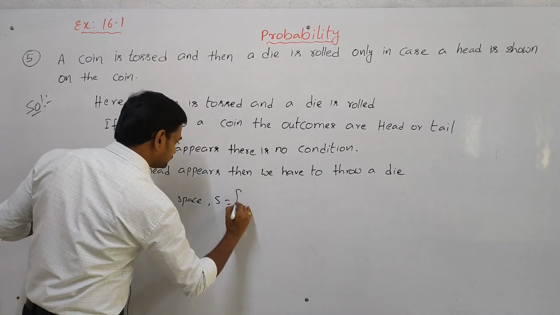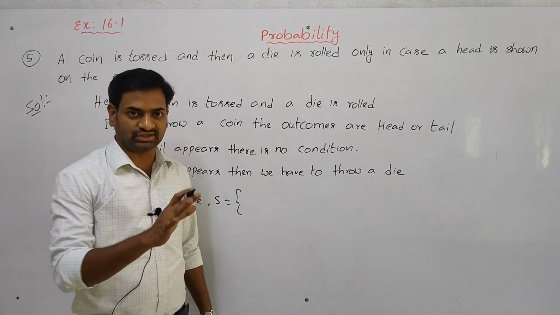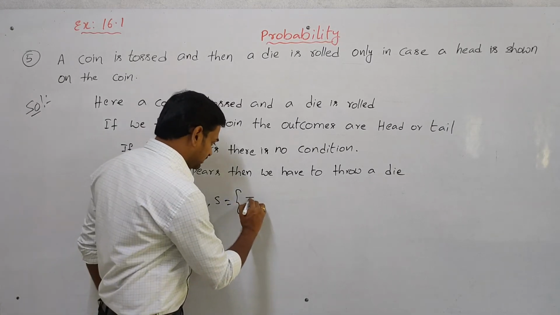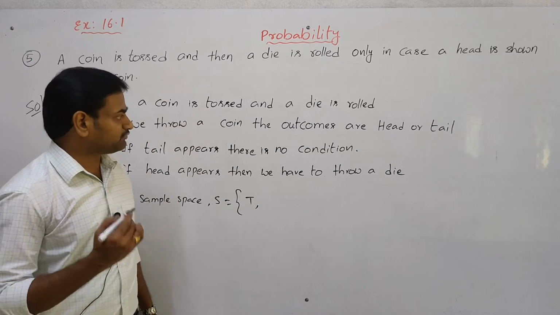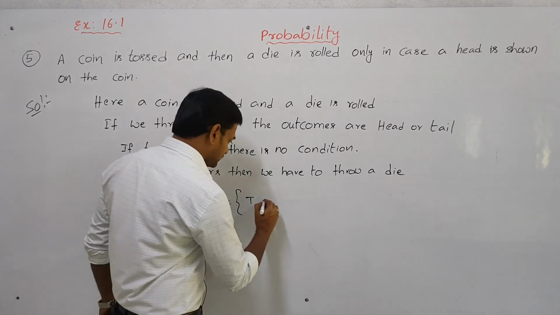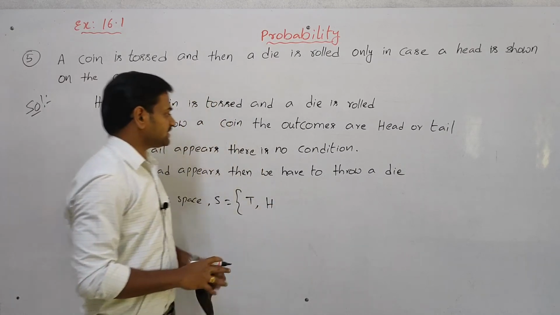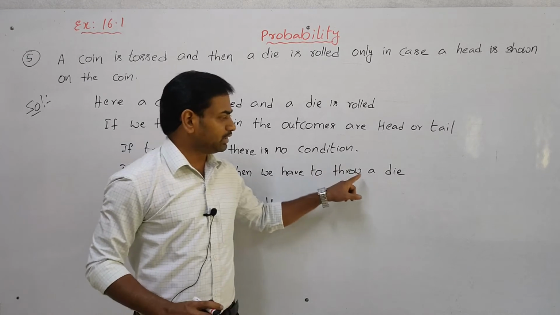S equal to. Now see, if you get tail means there is no condition. That's why I am writing first tail. Next, after tail you will get head. If you get head, then the condition is, if head appears, then we have to throw a die.